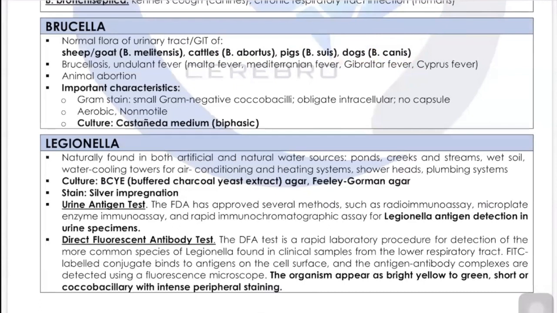Now, talking about the disease that is caused by Brucella, let us take note of the manifestation, or the most distinct feature of the disease caused by Brucella. Okay? So, the disease is usually characterized by fever, okay? Fever with splenomegaly. Okay?